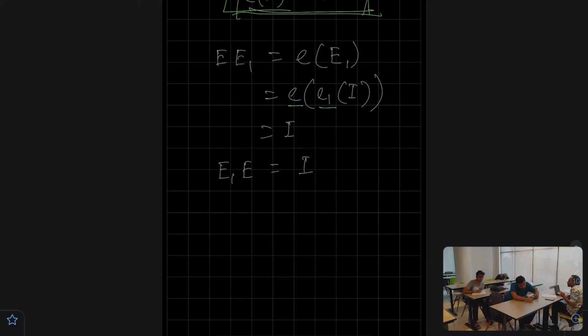So what we conclude from this is that elementary matrices are invertible, because there always exists an E1, and if you multiply this E1 with the elementary matrix E, then you get the identity matrix. That means elementary matrices are invertible.